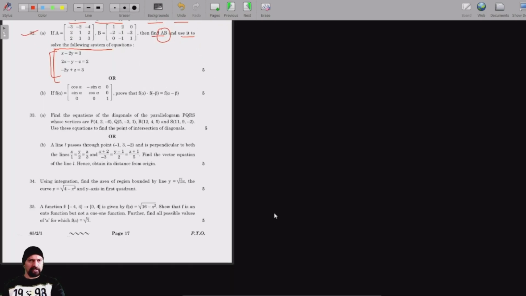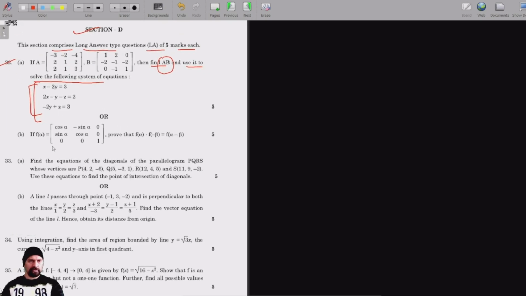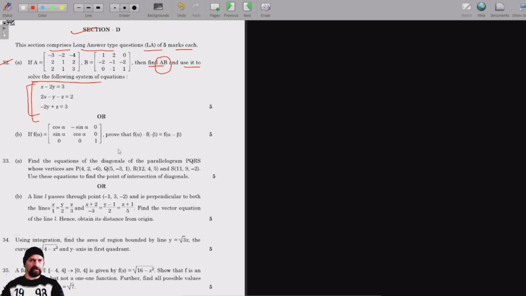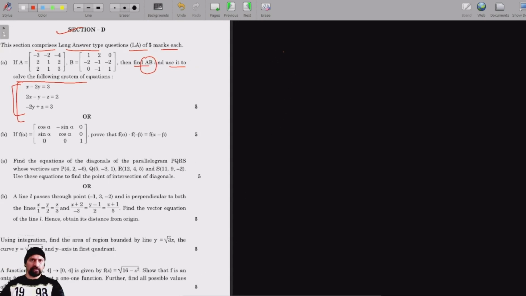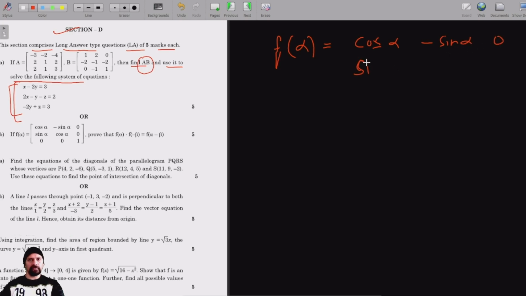For part B, it's given that the function f alpha is in terms of a matrix. So it's given that f alpha is equal to cos alpha, minus sin alpha, 0, and 0. So this is sin alpha, cos alpha, 0, and 0, 0, 1.